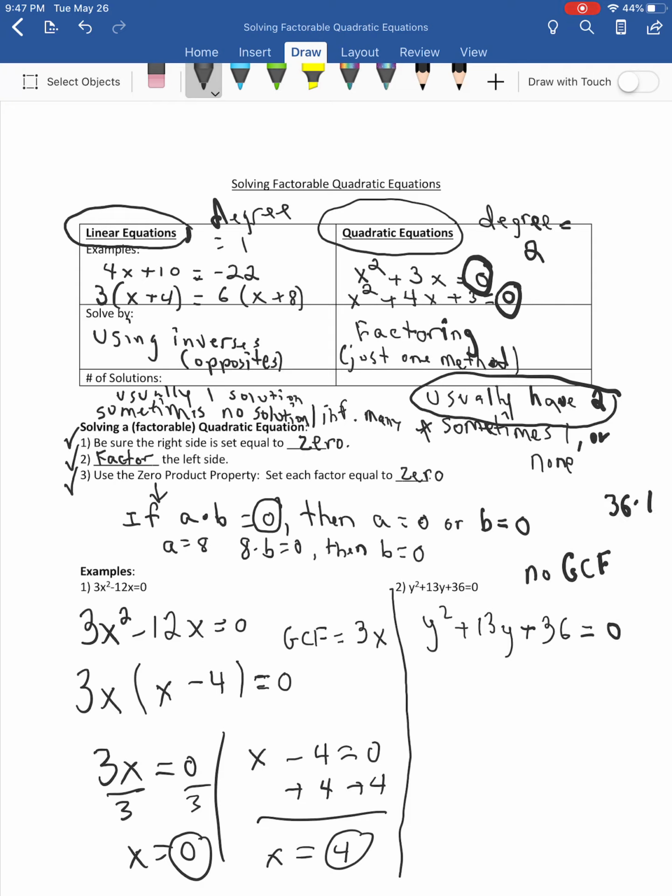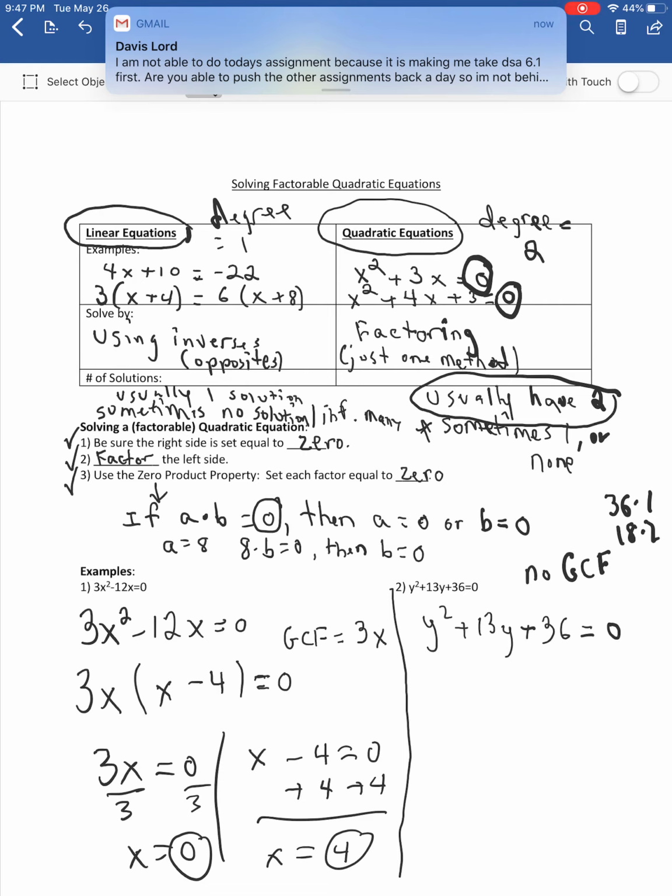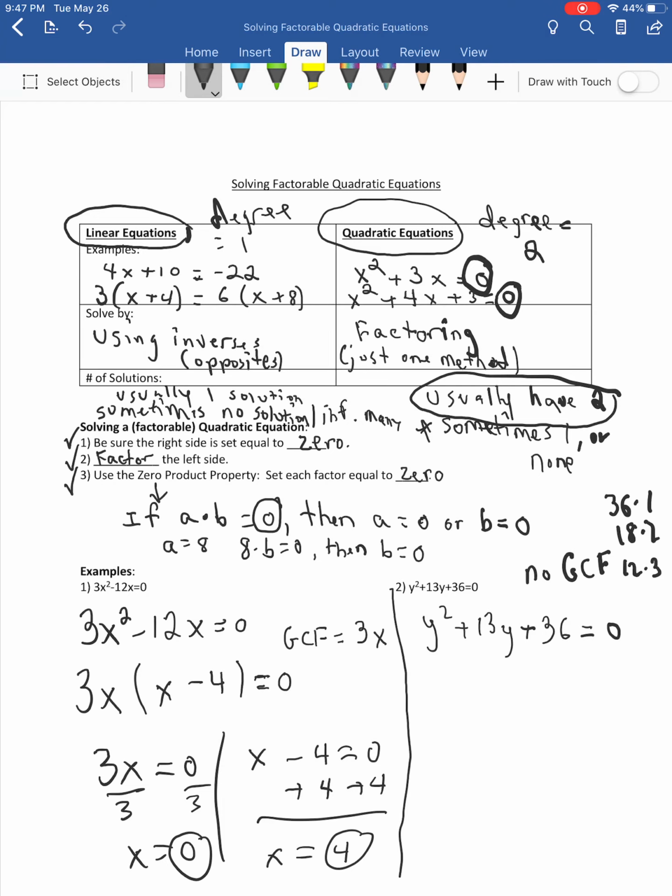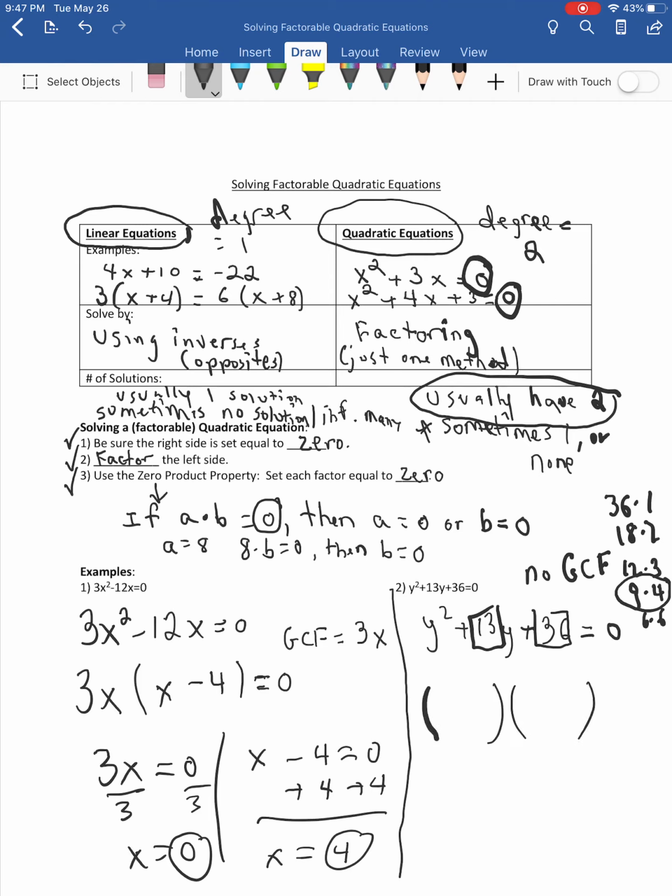So 36 times 1, 18 times 2, 12 times 3, 9 times 4, and 6 times 6. Okay, we want the pair that adds to 13 and multiplies to 36, so that's going to be this one. Okay, and notice everything is positive, so our factors are both going to be positive. That's going to be y here and y here, plus 9, plus 4 equals 0.